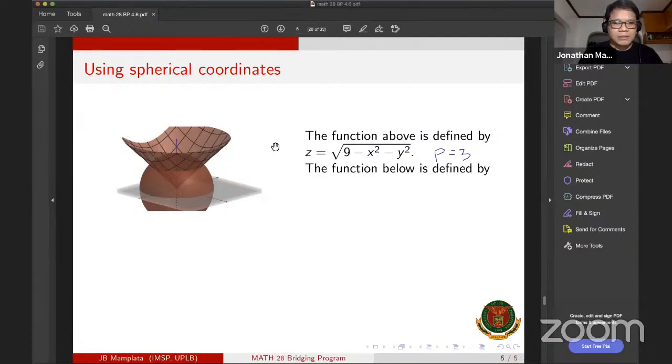Yung function below natin, that is actually given by the cone, okay? In Cartesian coordinates, that is z equals square root of x squared plus y squared. But in spherical coordinates, ano yung defining equation natin below? Anyone? If you review your spherical coordinate system, ano yung defining equation natin?